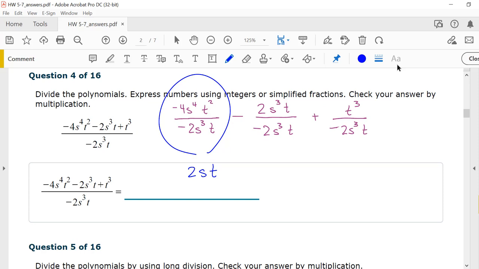So that term simplifies to 2st. Okay, notice that I have a minus negative. That turns into a positive. 2 over 2 cancels. S cubed over s cubed cancels. T over t cancels. So all that remains there is 1.